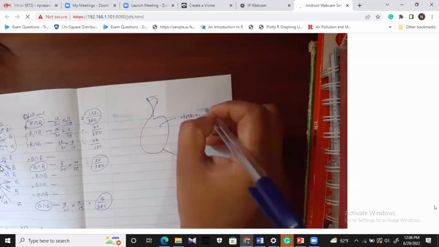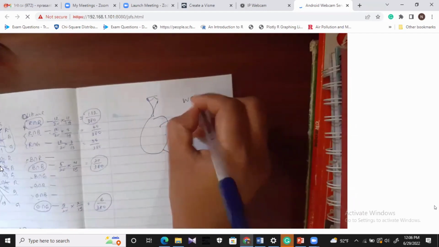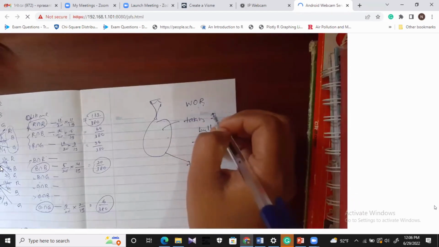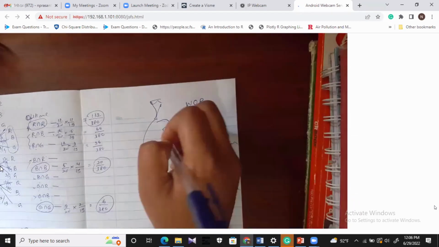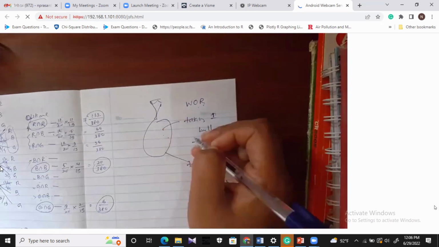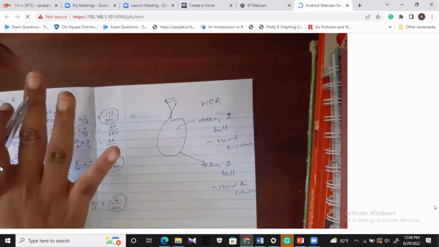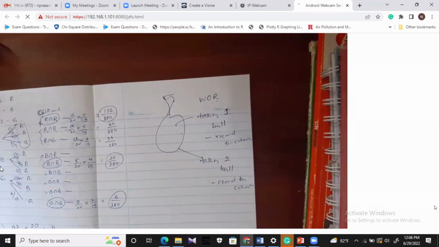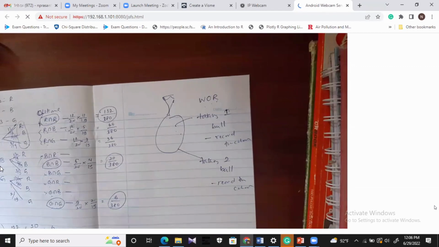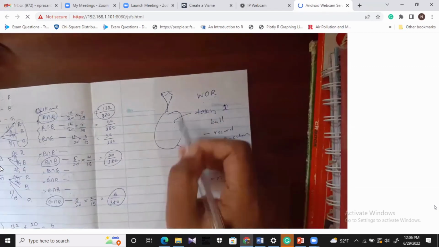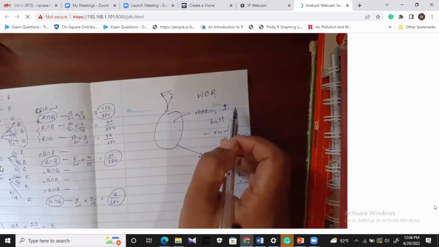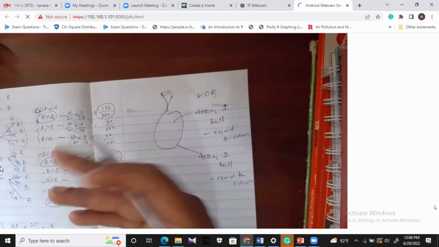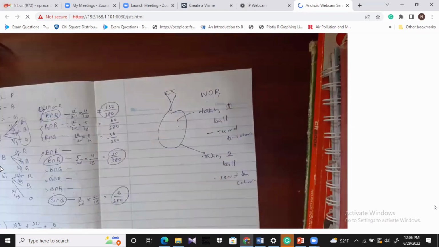So we call this without replacement. We do not put the first ball again into the bag. So you can consider this situation as the without replacement case. We take one ball out and record the color, we do not put that ball again into the bag, and again we take another ball and record the color.